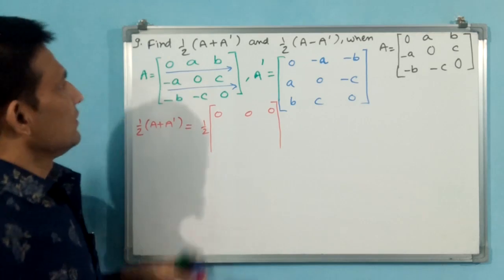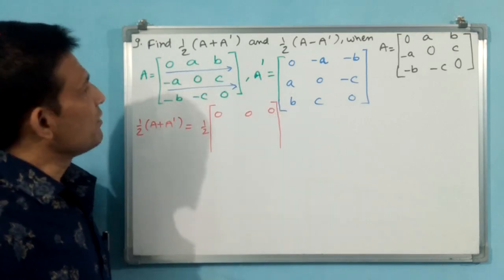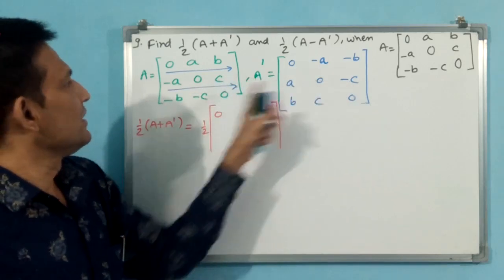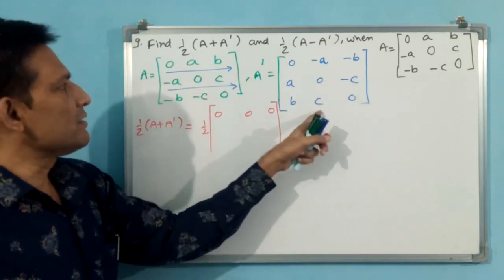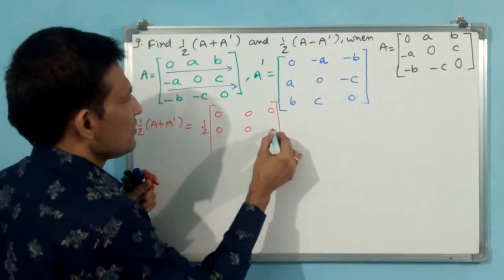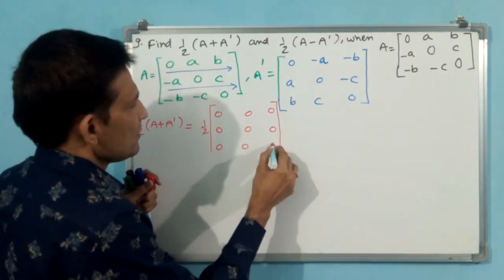Okay, a plus a transpose 0, b plus b transpose 0. You see all, minus a plus a, minus b plus b, minus c plus c, 0. That means all zeros are going to come. 0 0 0 0 0 0.